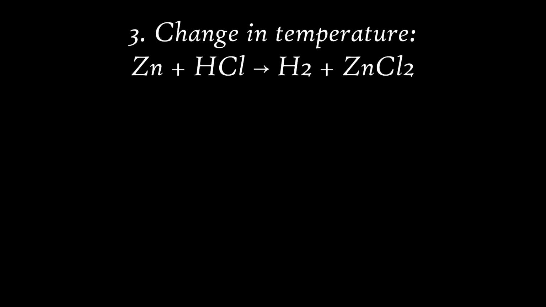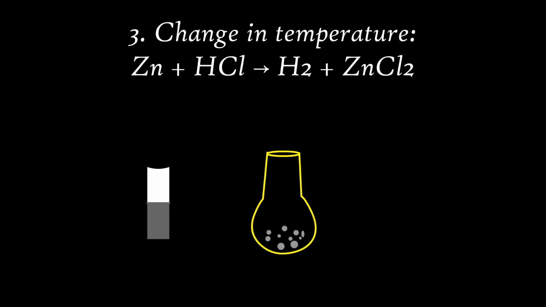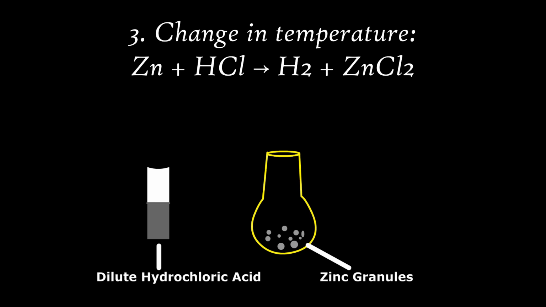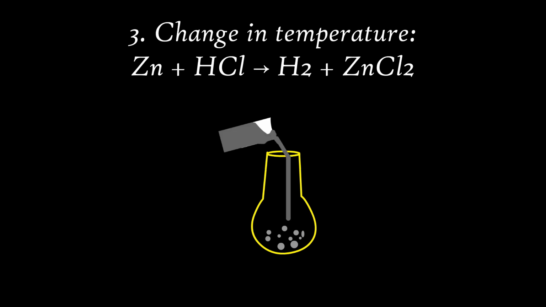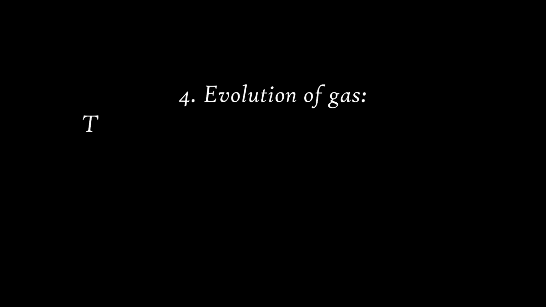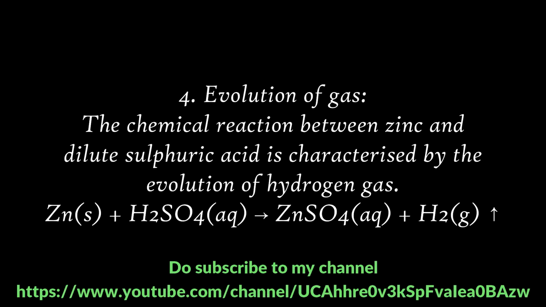If you take a few zinc granules in a test tube or a conical flask and add dilute hydrochloric acid to it, then zinc chloride is formed, but you can see that there is a change in temperature. The temperature rises. And the last characteristic is the evolution of gas. That is, a chemical reaction between zinc and dilute sulfuric acid is characterized by the evolution of hydrogen gas.